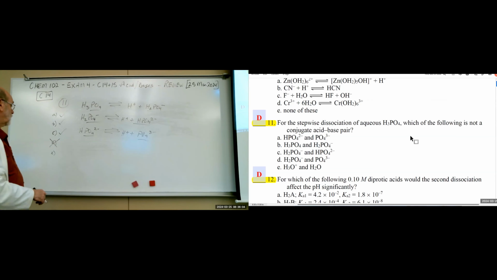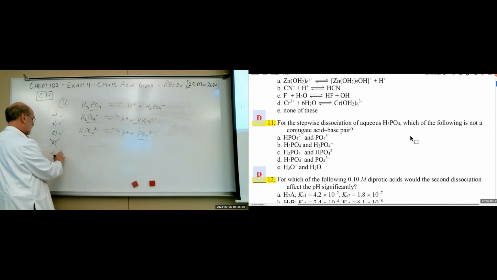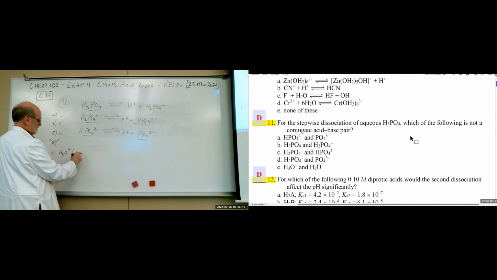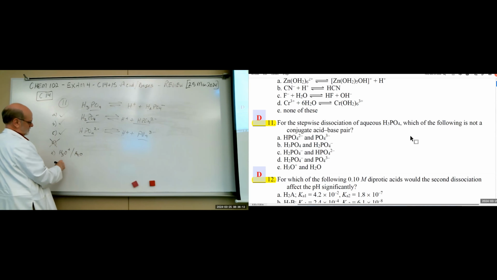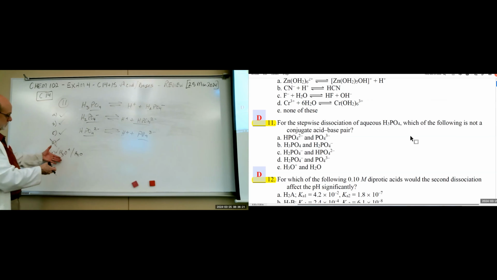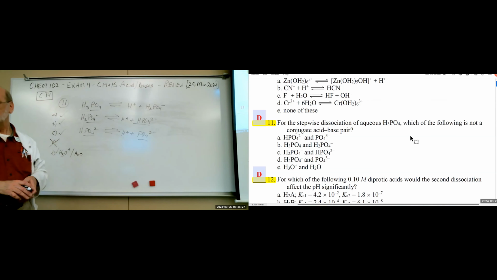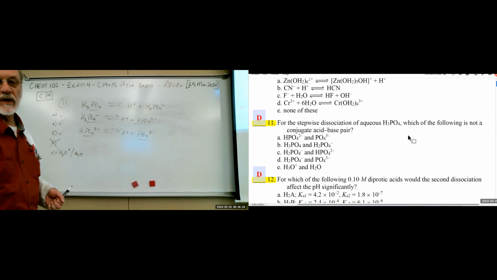Is this a conjugate acid-base pair? Well, I guess it would be. It could be an acid-base pair. Yeah, just lose 1 proton, you get a water molecule. The one that's not is D. That's the one that's false.